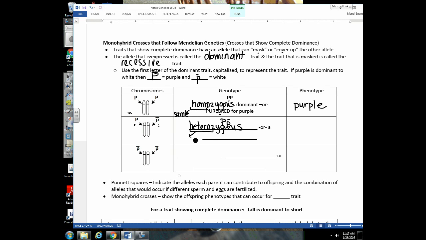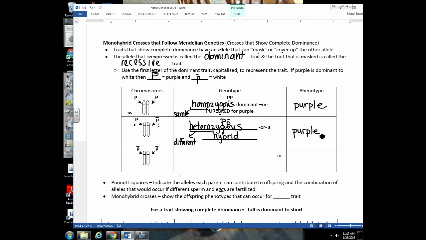Hetero means different. So if you hear that an organism is heterozygous, you have to write 2 different letters for their genotype. I can also call them a hybrid. That means they're a combo of 2 alleles. They have the dominant one and they have the recessive one. Since purple is dominant to white, the phenotype of the heterozygous individual is also going to be purple.